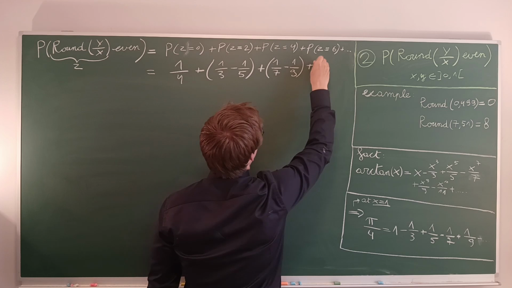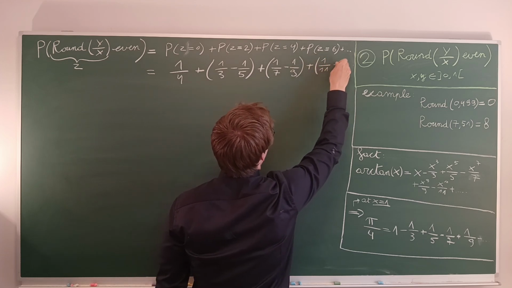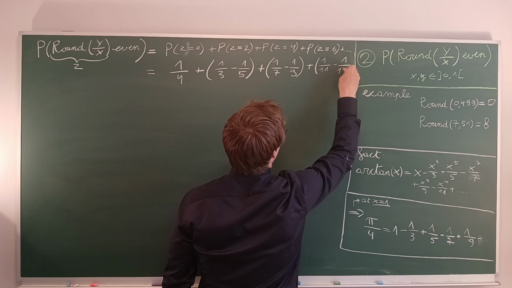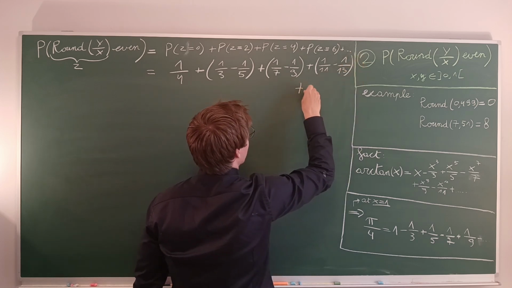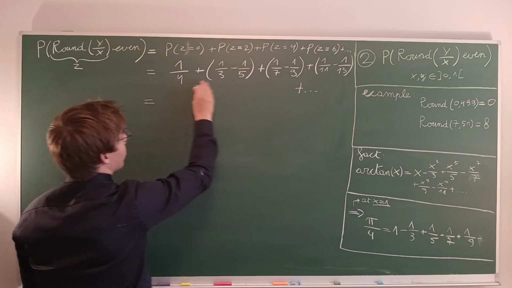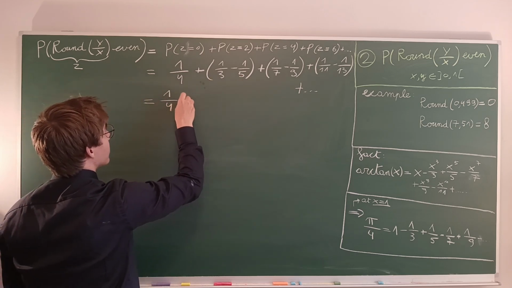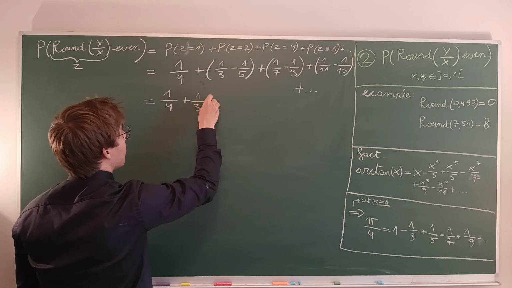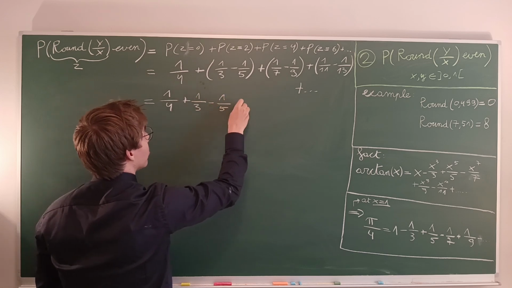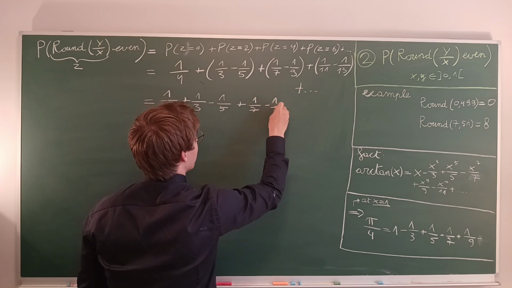And this pattern keeps repeating: 1 over 11 minus 1 over 13. Now if we calculate the brackets, we can just remove them to get this: 1 over 3 minus 1 over 5 plus 1 over 7 minus 1 over 9, and so on.